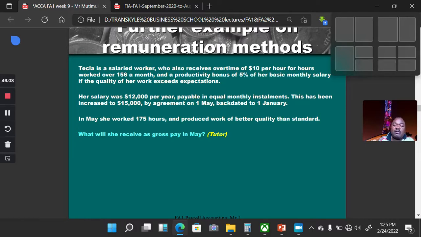Her salary was $12,000 per year, payable in equal monthly installments. This has been increased to $15,000 by agreement on 1 May, backdated to 1 January.